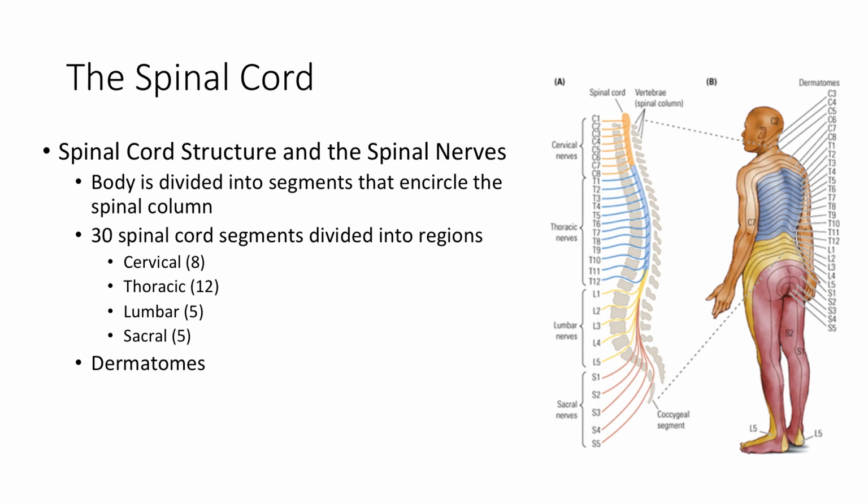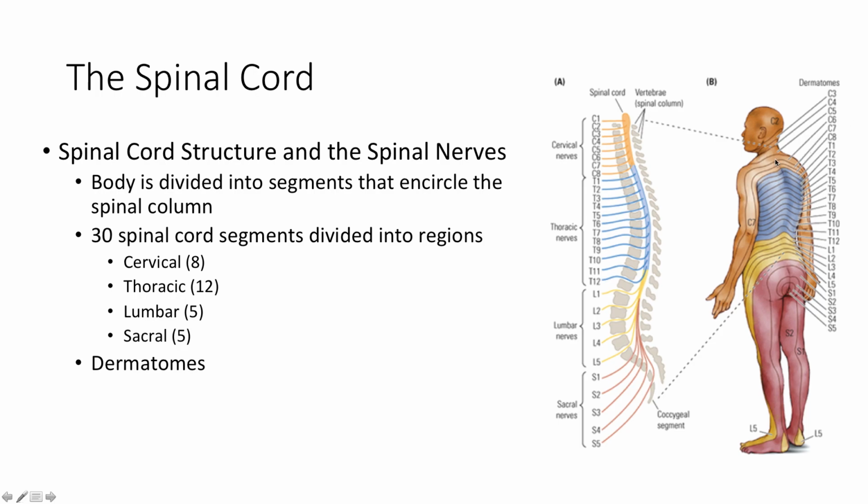Each of these spinal segments connects through somatic spinal nerve fibers to the dermatome with the same number, including all the organs and all the muscles that lie within it.